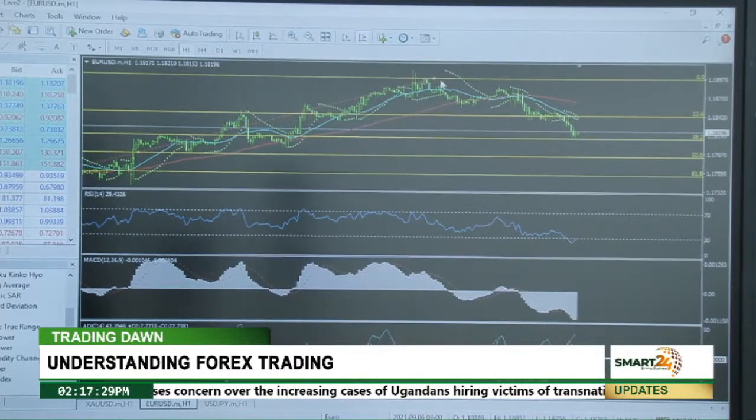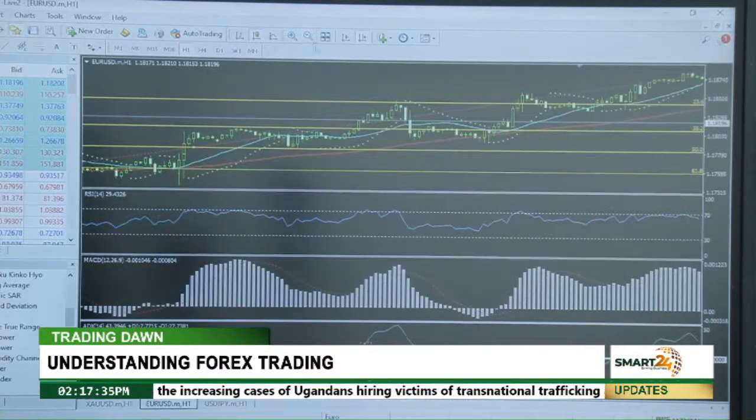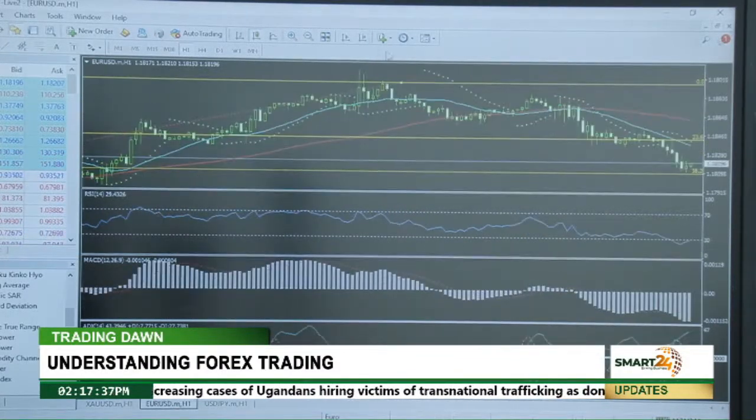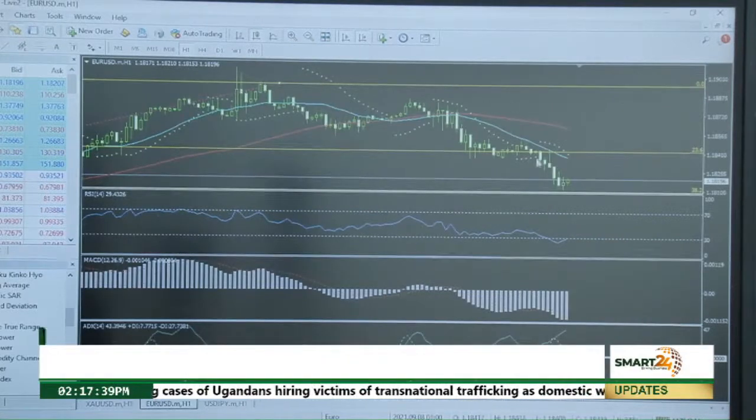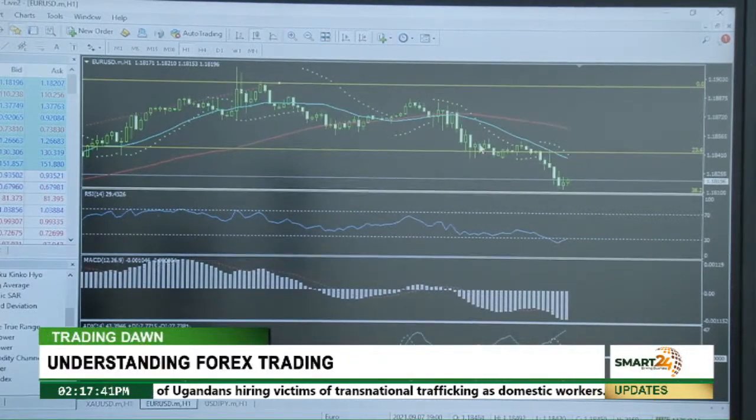So after getting the reversal, you look forward to the 23.6, which is the most obvious level to get. There we have the 23.6, and you can see how price was supported there, and it broke that level earlier on today. You can see the parabolics appearing above, just to give you confirmation that this is actually selling.